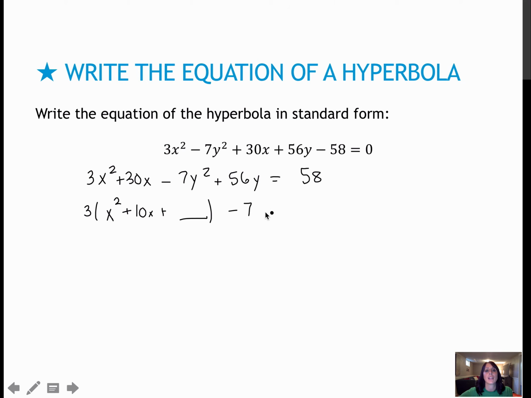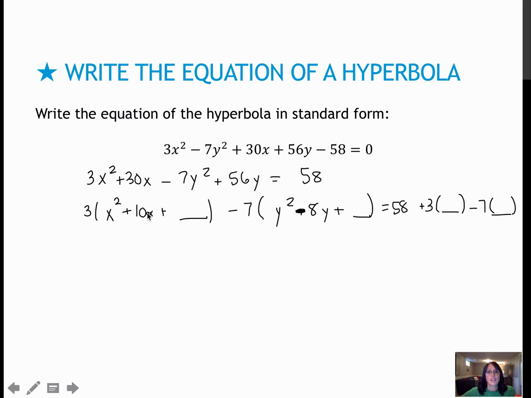I'm going to take a -7 out of my next two terms, that's y squared minus 8y plus blank equals 58, and then plus 3 times blank minus 7 times blank. Again, the 3 and the 7 coming from here.